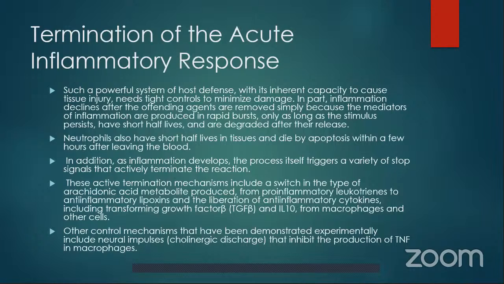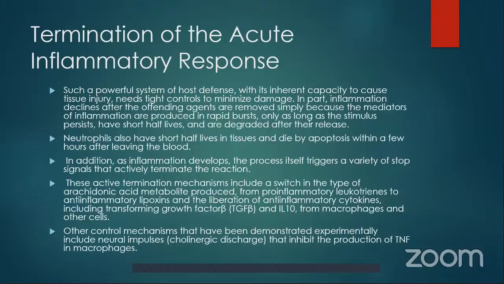In part, the inflammation declines after the offending agents are removed simply because the mediators of inflammation are produced in rapid bursts only as long as the stimulus persists. They have short half-lives and they are degraded after the release. Neutrophils also have short half-lives in tissues and they die by apoptosis within a few hours after leaving the blood. So this is all when normal things are happening, okay?